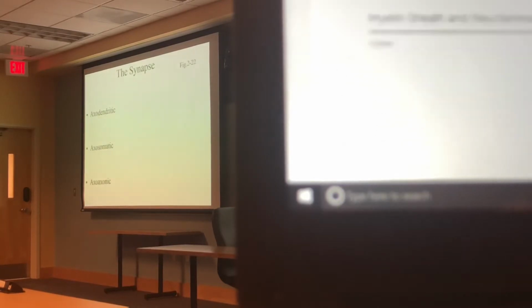Now guys, in terms of synapses, you have terms like axodendritic. What does this mean? You have a contact between an axon and a what? A dendrite. You have one between the axon and what? The soma of another neuron, the nerve cell body, and then you have an axon to a what?